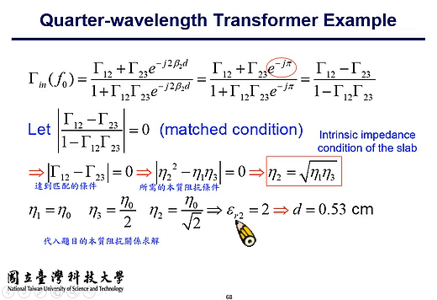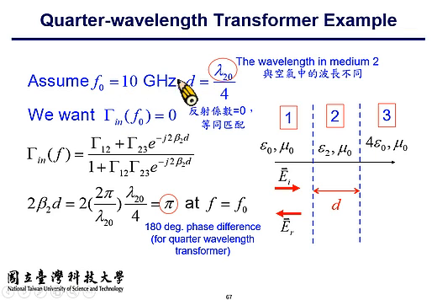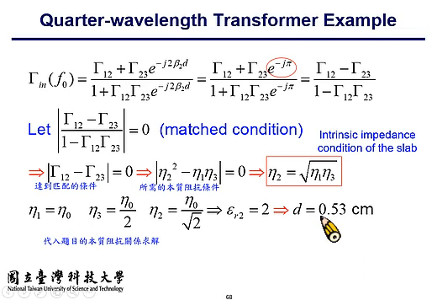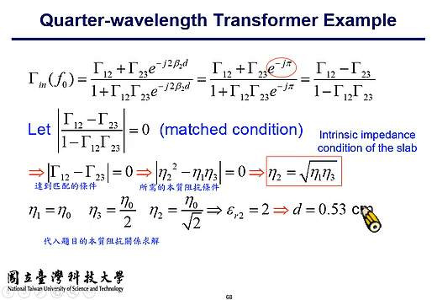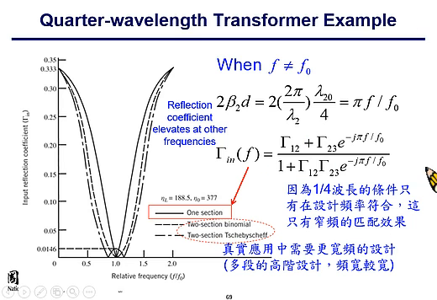So epsilon R2, the relative permittivity of median 2, is 2, and the distance is the guided wavelength within median 2, which can be determined by the specified frequency of 10 gigahertz. So you end up with a thickness of 0.53 centimeter. This is the example for a quarter wavelength transformer.